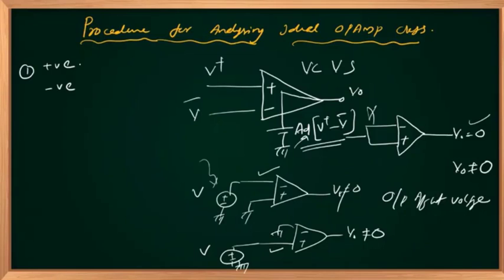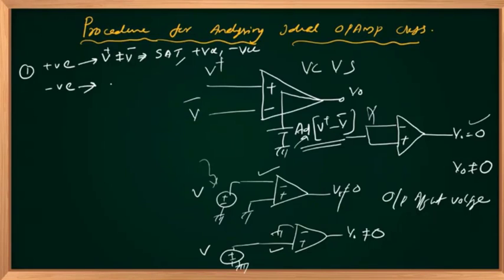If it is positive feedback, V plus not equal to V minus, output is saturated at plus VCC or minus VCC. That depends on voltages present in the circuit and the supply voltage given to the op-amp.